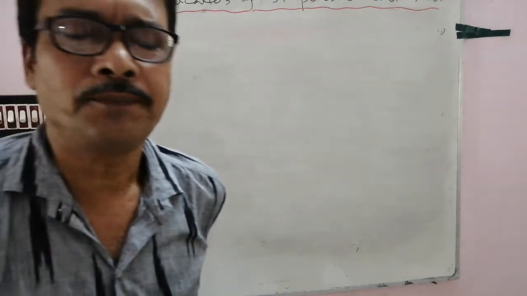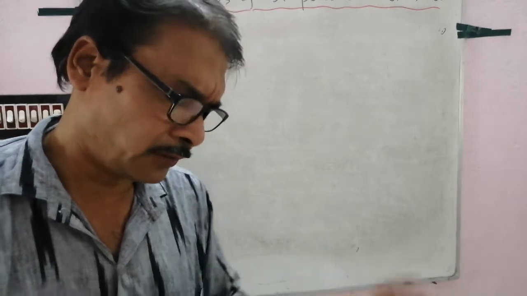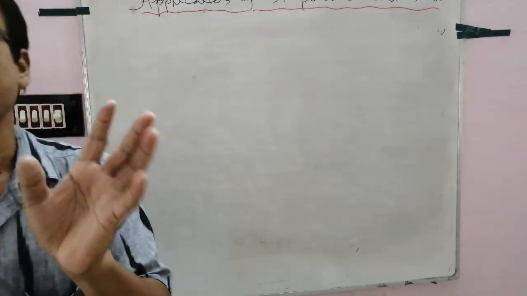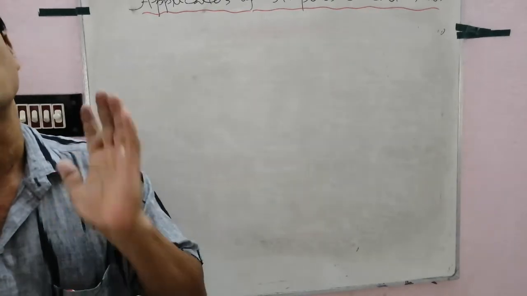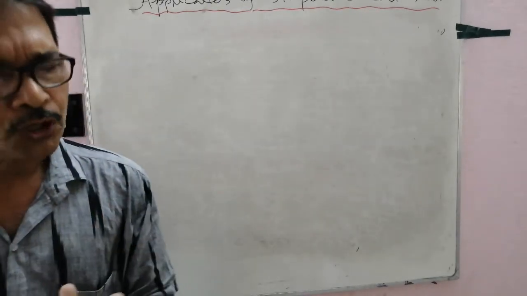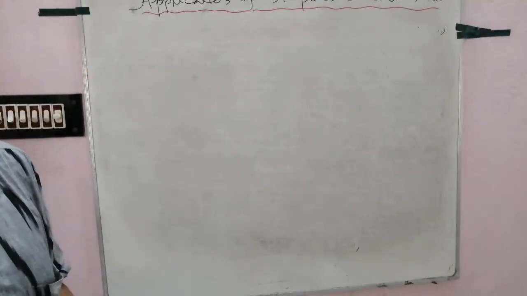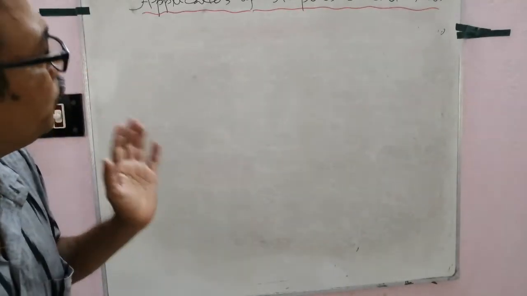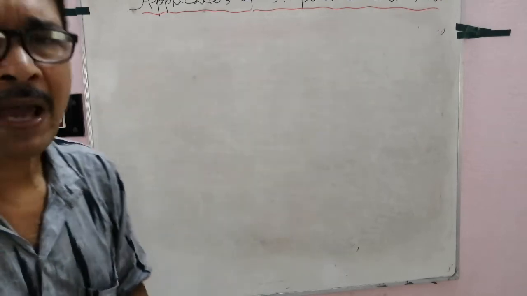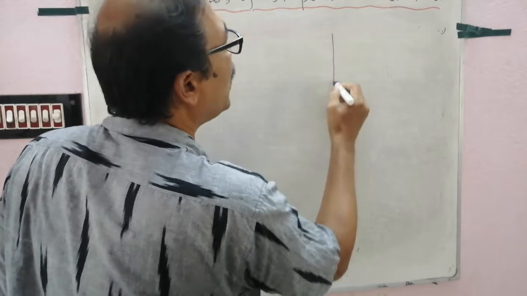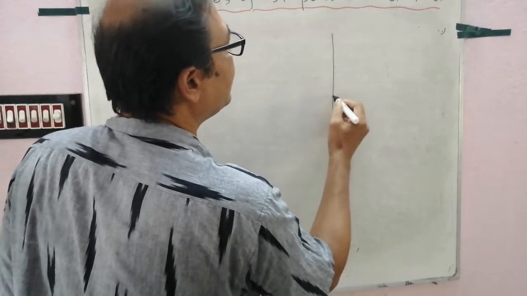We have found out by the application of Biot-Savart law that the magnetic field at a distance r from an infinitely long current carrying conductor is mu 0 by 4 pi into 2I by r. A similar thing we can prove with the help of Ampere's circuital law. Let this be a long current carrying conductor. Clear?